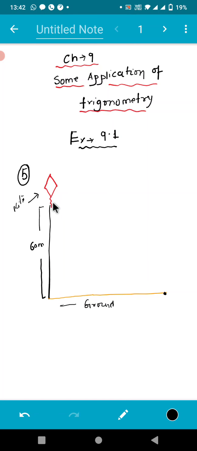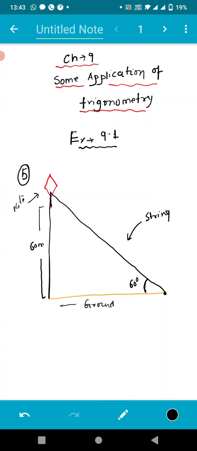So let us imagine like this. This is how the kite is tied with the help of a string. So this is string, and this string is making an angle with the ground, that is 60 degree. So the angle of inclination is given 60 degree.